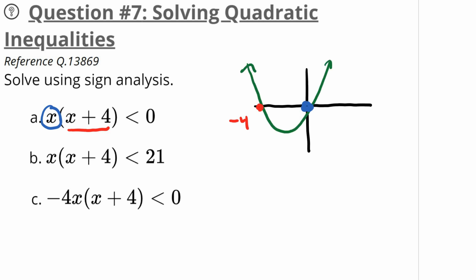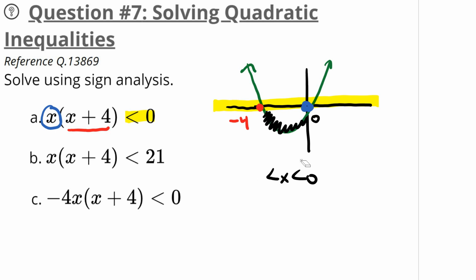So there's a little sketch of that graph. If you can't sketch that quickly, that's fine. All you have to do is go on Desmos. Now, when you're less than 0, this means when is the graph below the x-axis, and clearly this region right here is below. The way you write that is negative 4 and 0, with x in the middle, less than and less than.